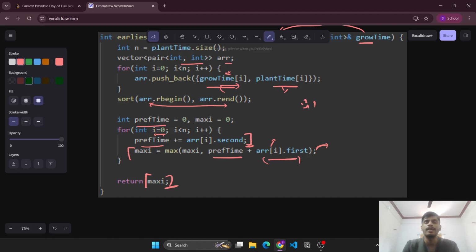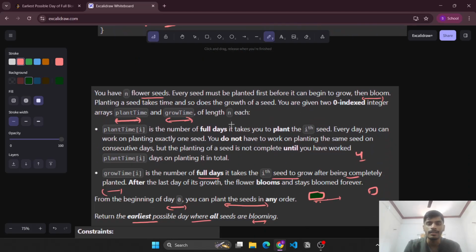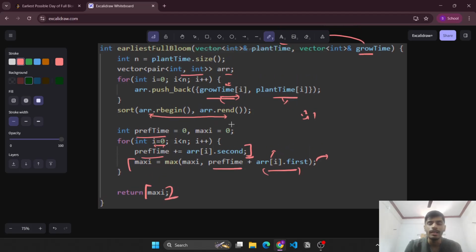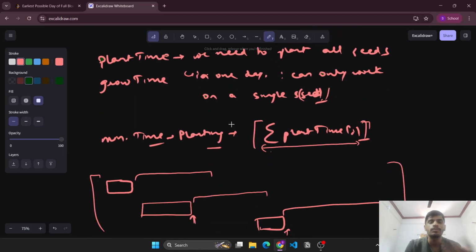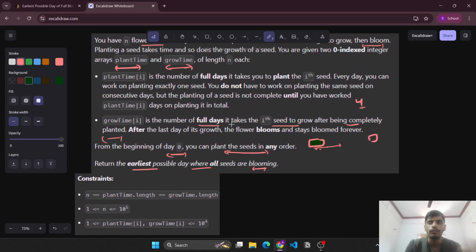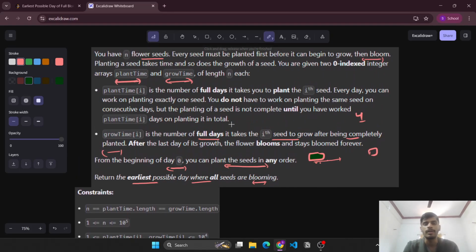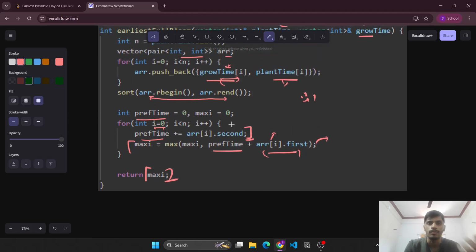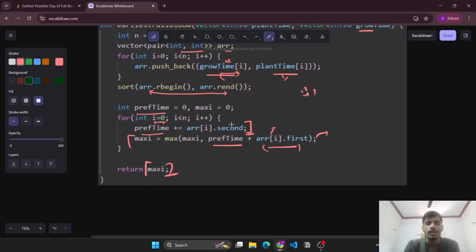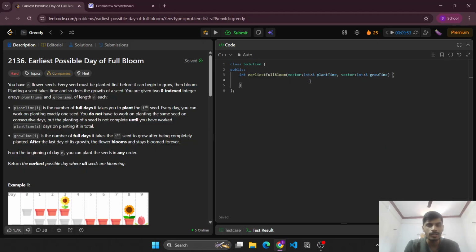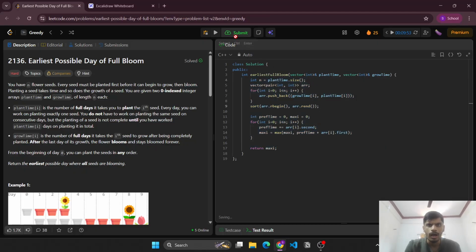And that's why I said it is not on the harder side. It is a medium only. Once we saw this observation that we need to plant in decreasing order of grow times, the implementation as well as the solution of the problem is pretty simple. Okay, so let's try to submit this code here and see how much time it takes to run.